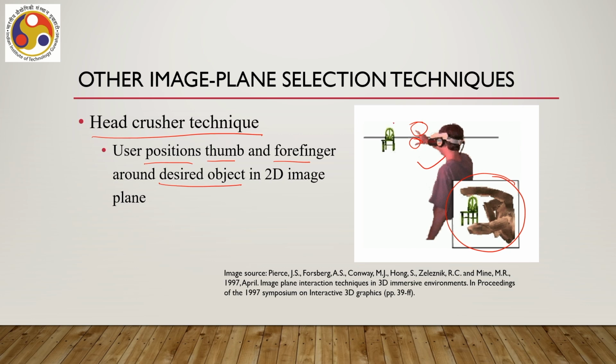Suppose this is the user and this is the virtual object in the virtual world as seen by the user. Now, the user positions the thumb and forefinger here in a way such that the forefinger and the thumb indicate the object or surround the object in this 2D image plane. This is called the head crusher technique.